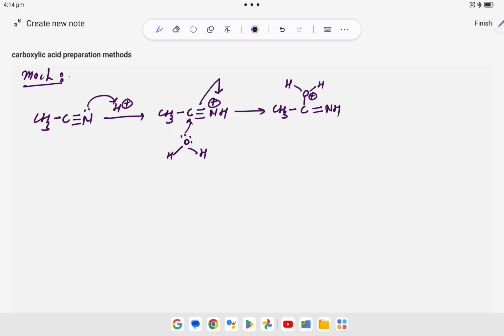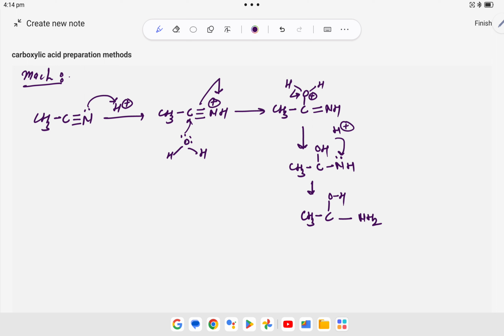Now one hydrogen will be sacrificed and the positive charge of oxygen will vanish. So now it is CH3 C single bond OH and NH. Nitrogen is having a lone pair again. H plus is free. That H plus approaches this nitrogen and it will form CH3 C OH and NH2.